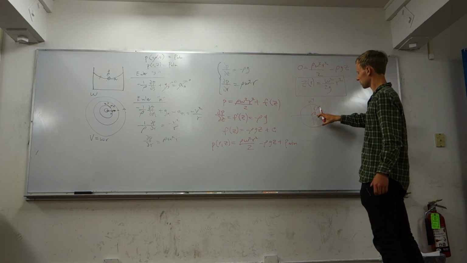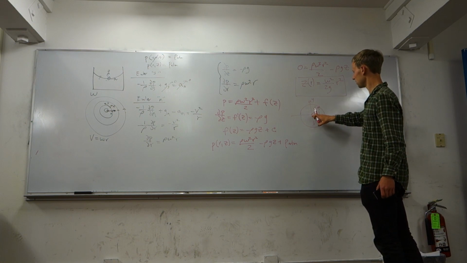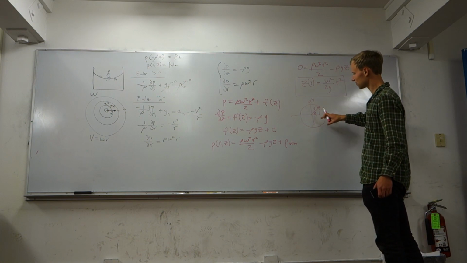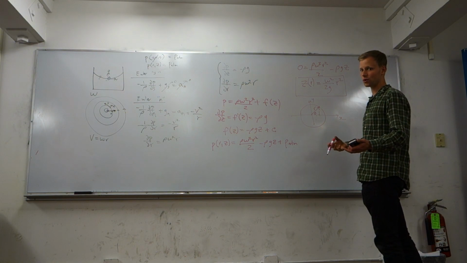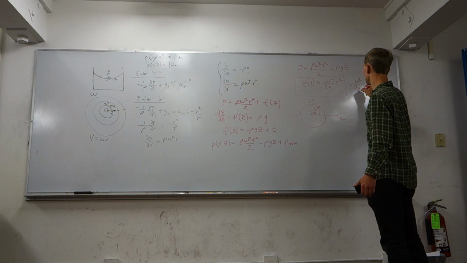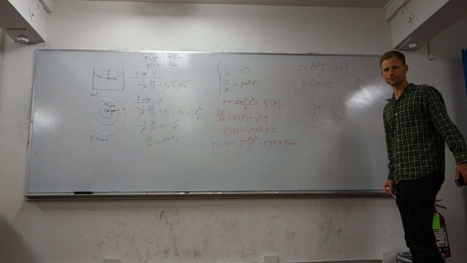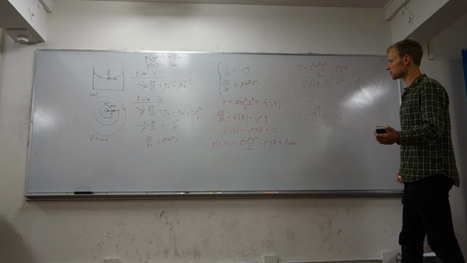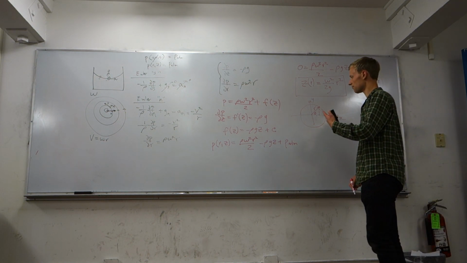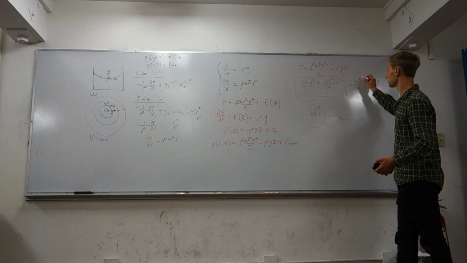If I want to solve for r squared, I can do x squared plus y squared. The cosine squared and sine squared becomes a 1. So we're left with this being just omega squared over 2g times x squared plus y squared. So we're going to try to plot this in Matlab to try to validate our shape. But before we do that, we'll note that we need an omega.